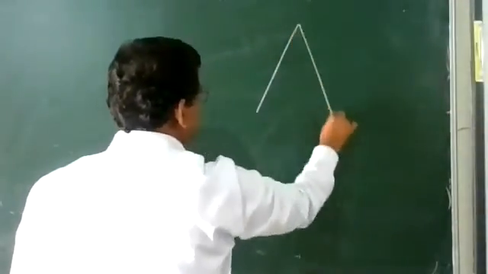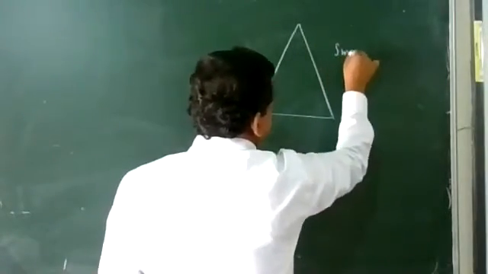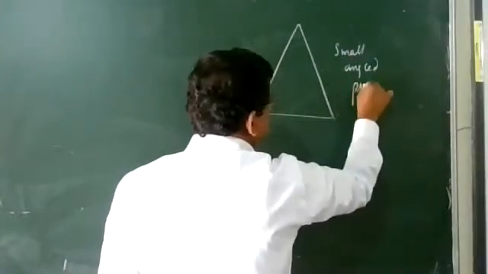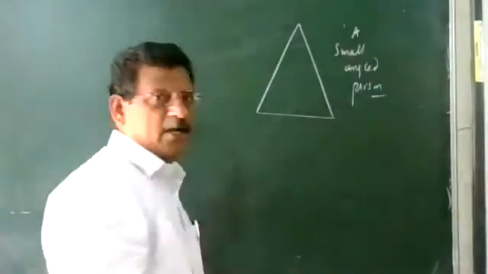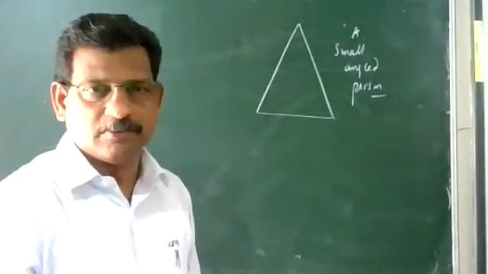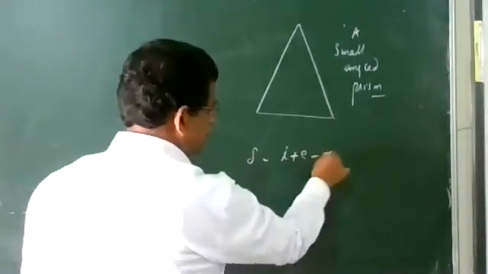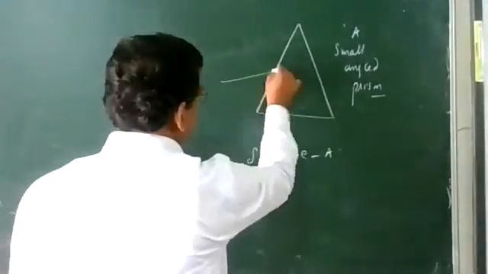For a small angle prism, you have to find out the deviation. The equation for deviation is I plus E minus A. So two refractions we are showing here.